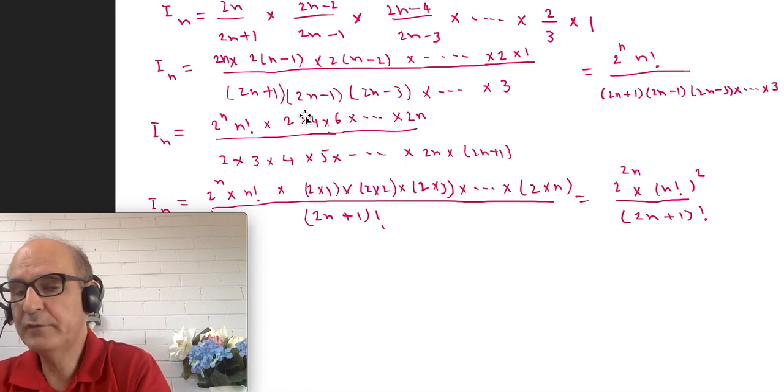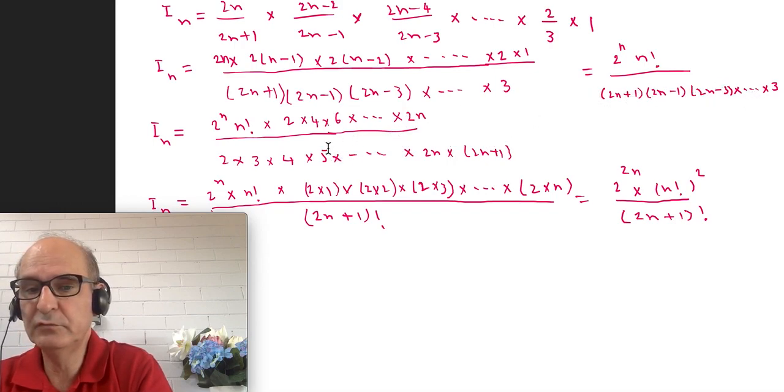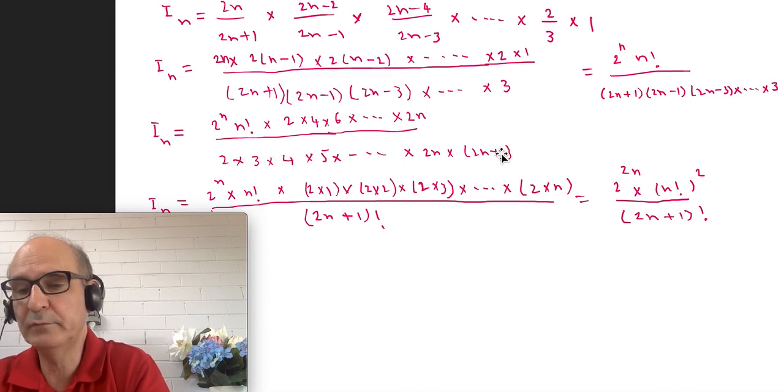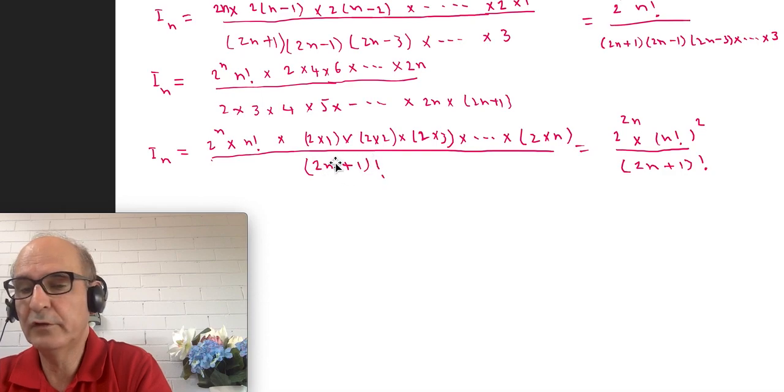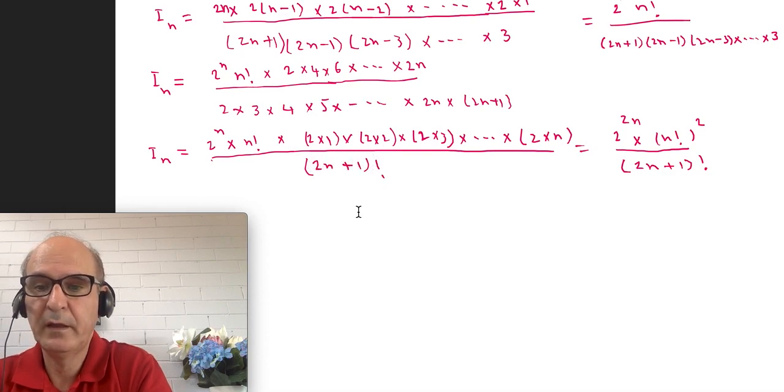And if you multiply by even numbers, the denominator will change into a factorial, because you've got all the numbers from 2, 3, 4, all the way to 2n plus 1. That gives us the factorial of (2n plus 1).